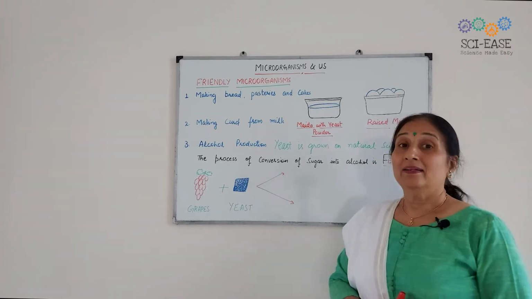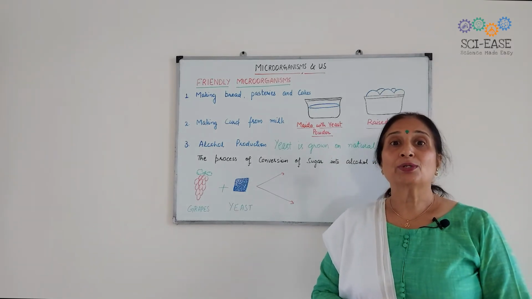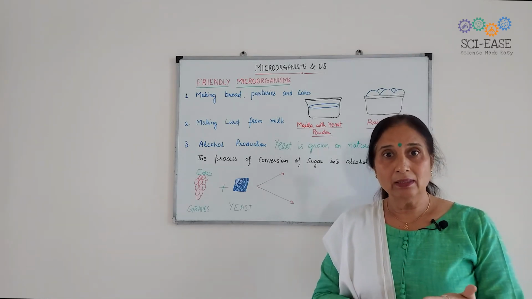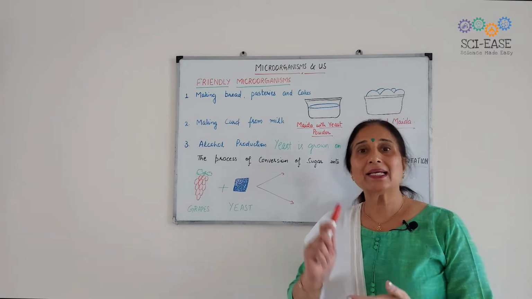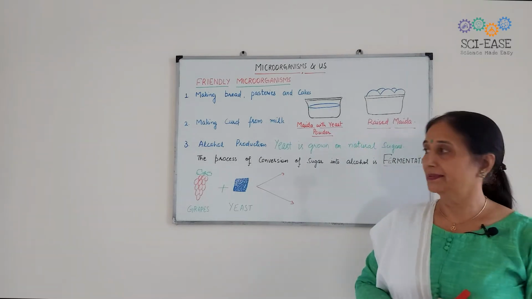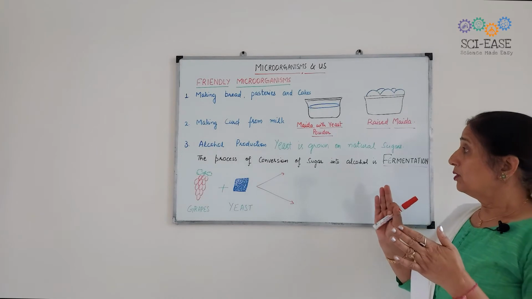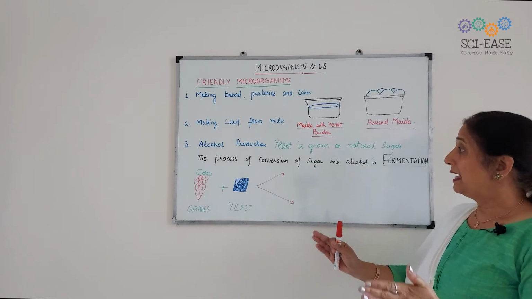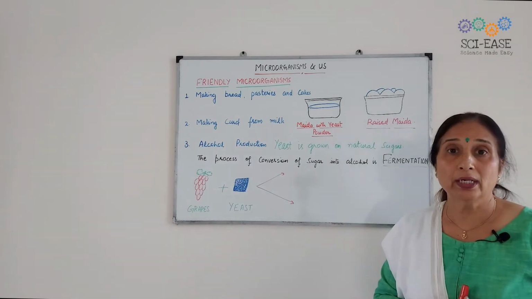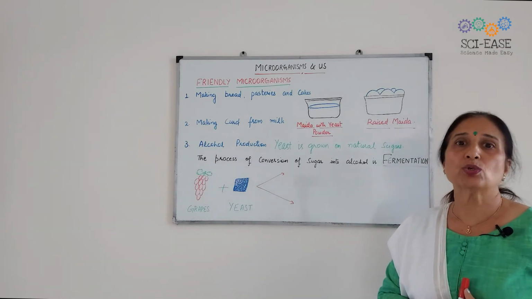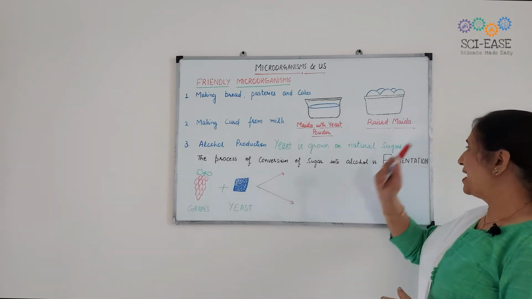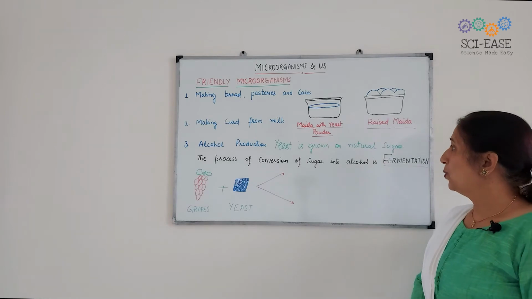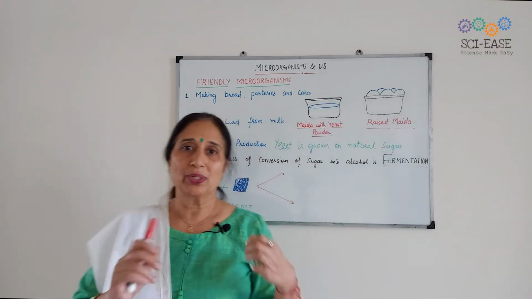So, yeast can be used to prepare alcohol, wine, or acetic acid also, vinegar also. When yeast converts sugar into alcohol, what is that process known as? That is known as fermentation. So, yeast is grown on the natural sugar.